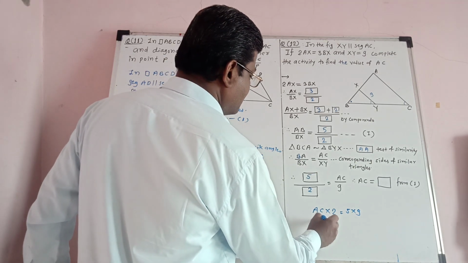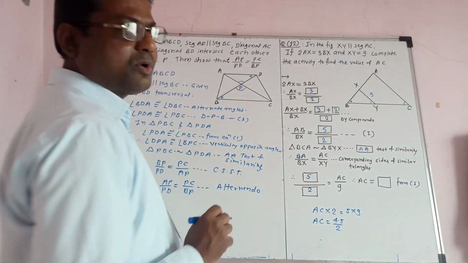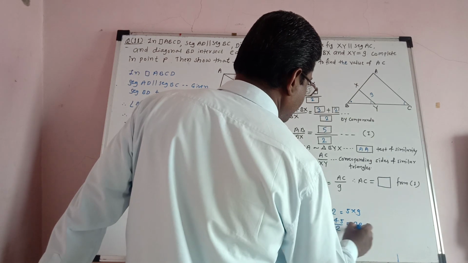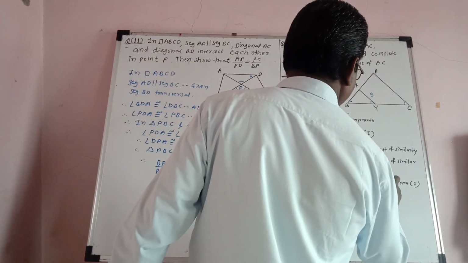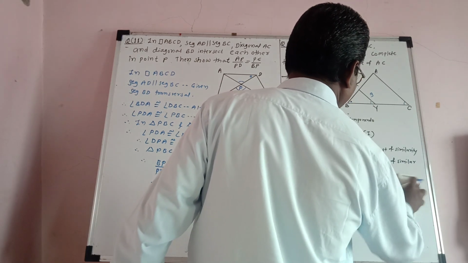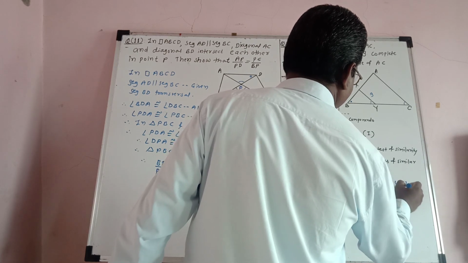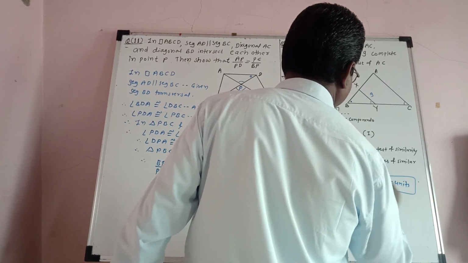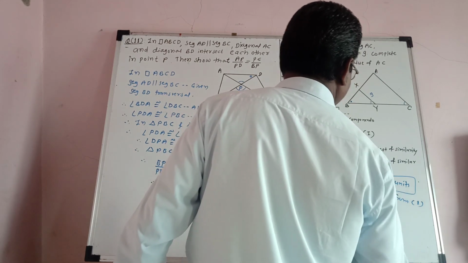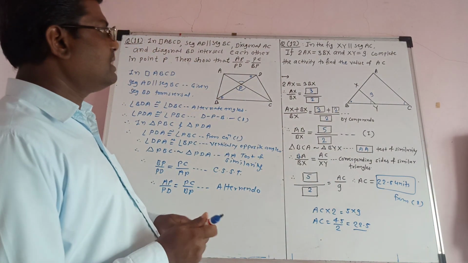Therefore AC is equal to 45 upon 2, which is 22.5. So the answer is 22.5 units, the value of AC.